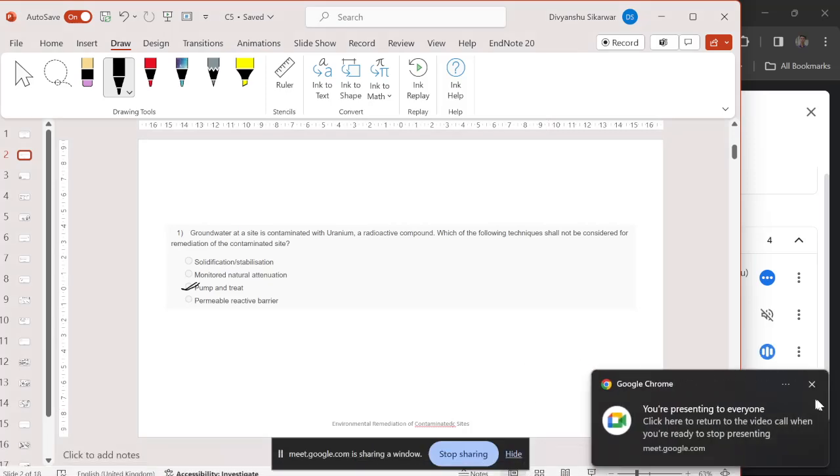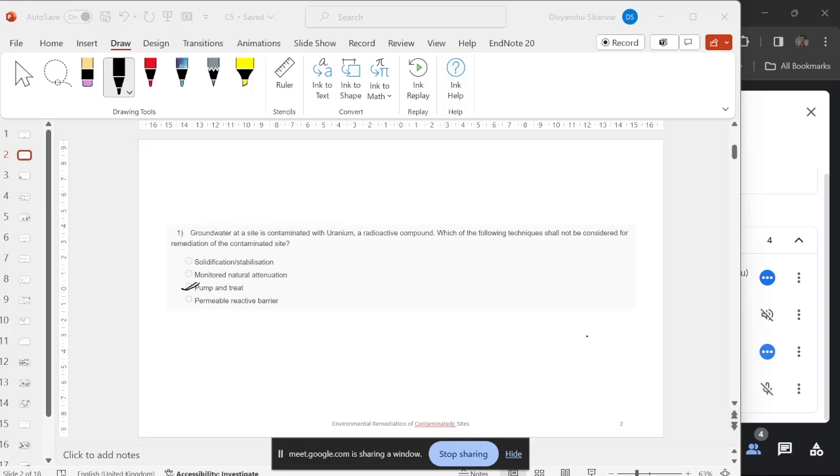If it is contaminated with chromium, we can go for pump and treat. And again, we also face the problem of tailing, right? Yes, sir. And rebounds will be there.